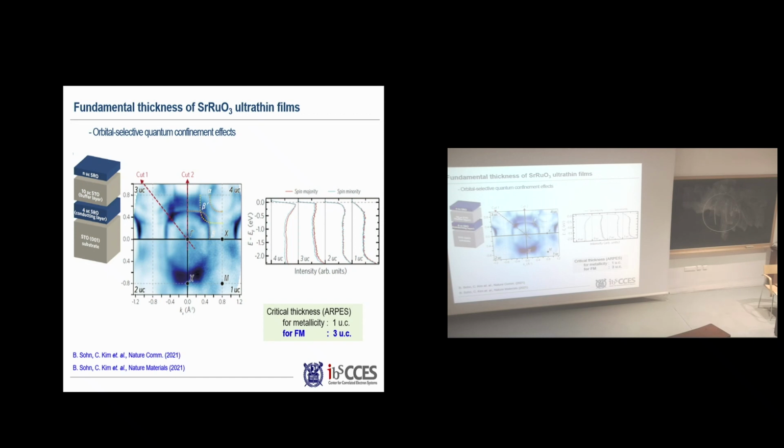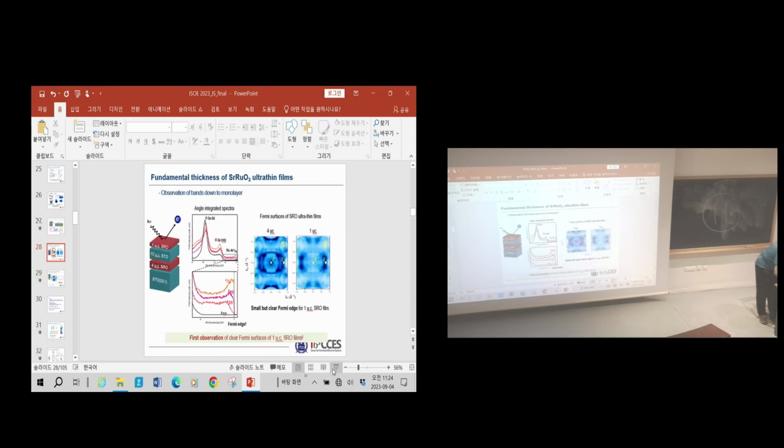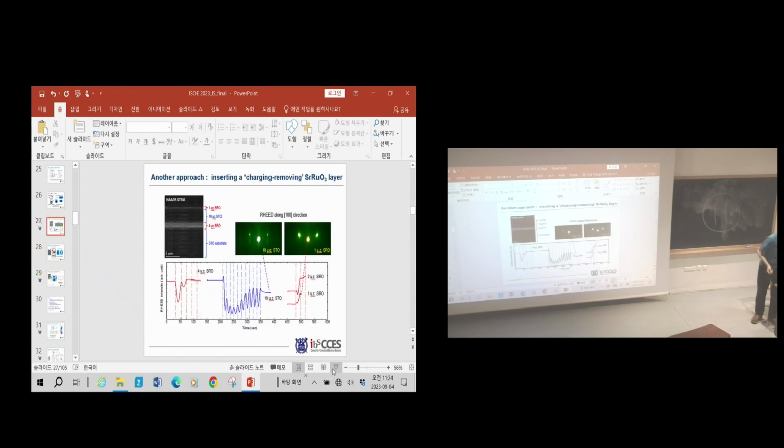Yes, at the back. Yes, the film thickness is always very difficult to control. Let's see. There are two ways. One way is by using TEM, where you look at the sharpness of the interface and try to measure the film thickness.